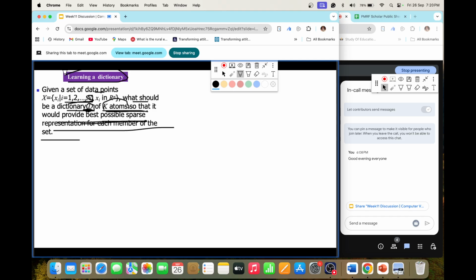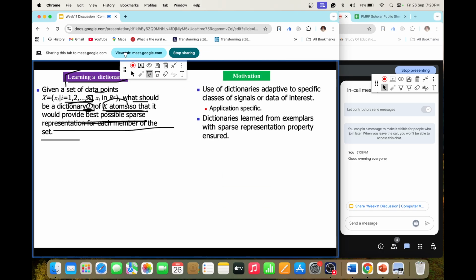That means the first thing is that learning a dictionary is important. If we know this dictionary, it would be easier for us to find the best k atoms to get the best possible sparse representation. So that is the idea. The motivation is the use of dictionaries adaptive to specific classes of the signal or the data of interest.